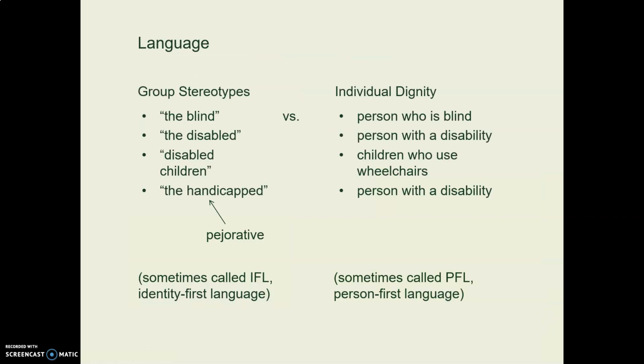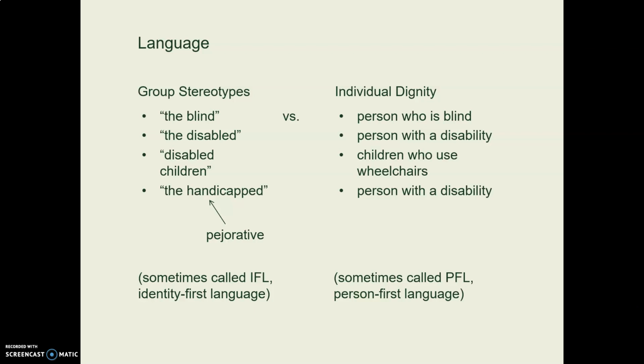When we talk about disabilities, maybe we want to be careful about the language we use. It's easy to slide into this pattern called identity first language, where we identify the person by their disability, not by who they are. So we call them the handicapped, the blind.